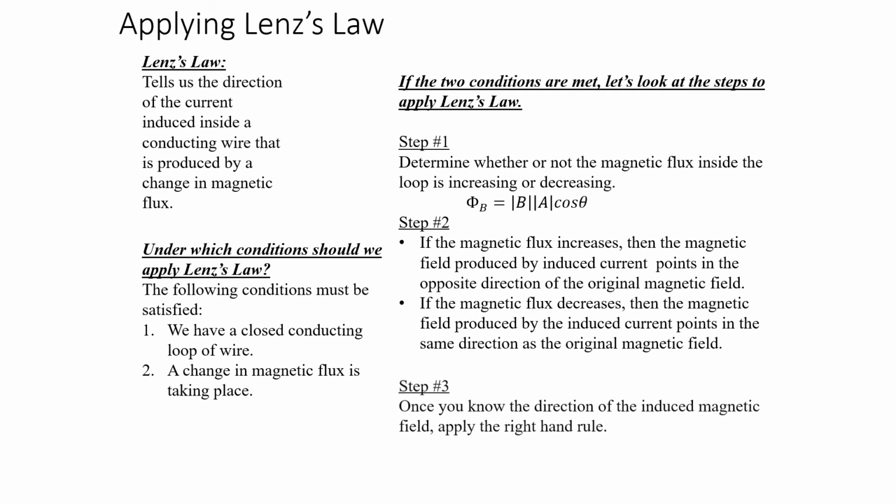Step three says that once you know the direction of the induced magnetic field, you can then apply the right-hand rule, where the thumb is in the direction of the current and the fingers curl in the direction of that magnetic field.